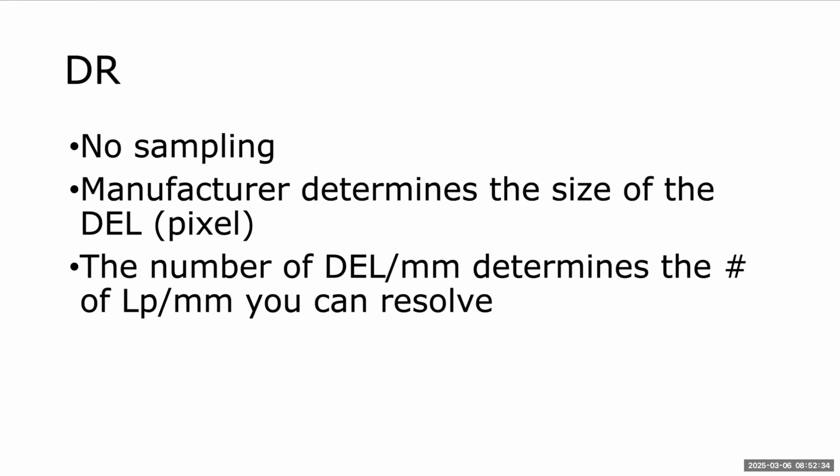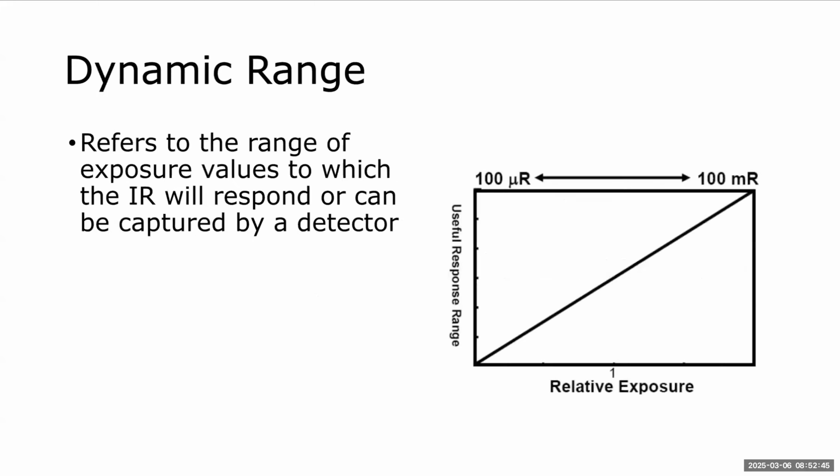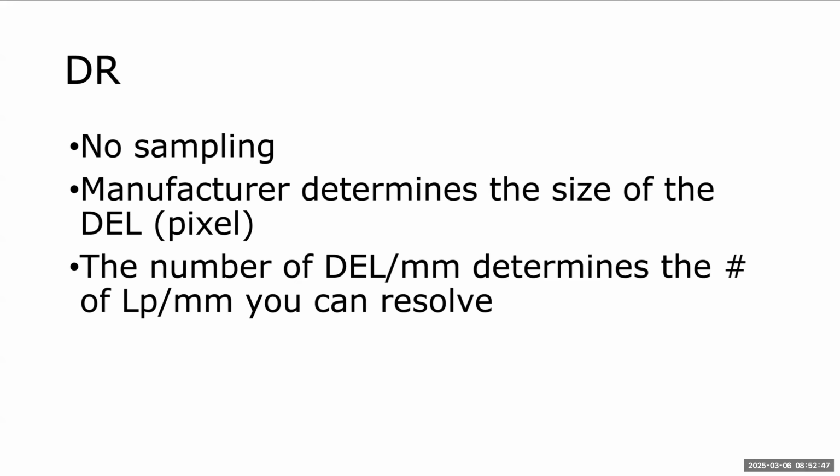The number of dexels per millimeter does determine the number of line pairs per millimeter that we can resolve, though. But again, that is something that's set and does not change. Pretty much what you say about a pixel, you can say about a dexel. So meaning the smaller the dexel size, the better the spatial resolution is.